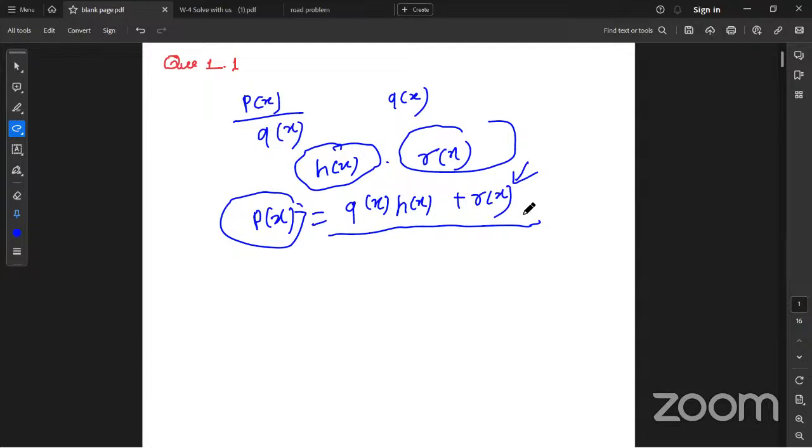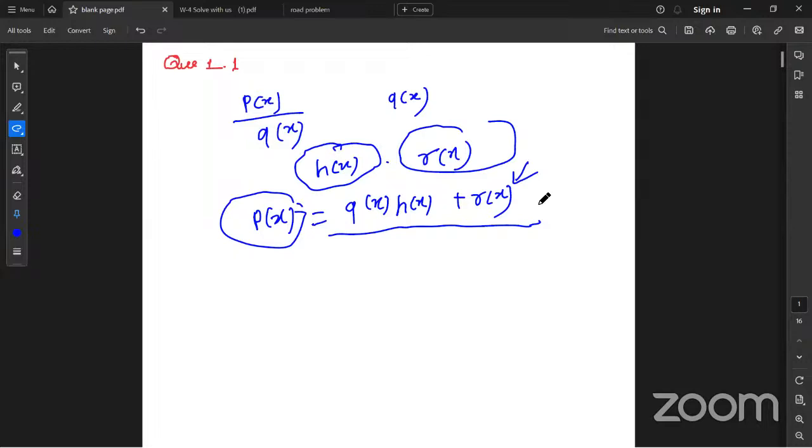Excuse me, sir, what if the remainder is 0? Then the degree should be undefined. Yeah, the degree should be undefined, but here we are considering that the remainder is non-zero. If the remainder is zero, this is not the case of asking about the degree of r(x), because for a zero polynomial the degree is undefined.